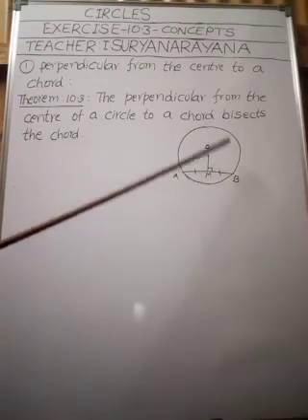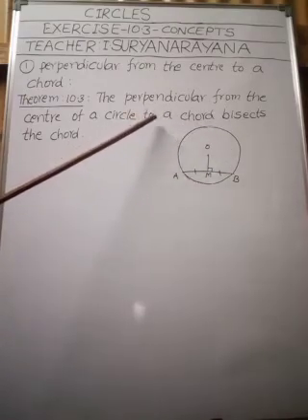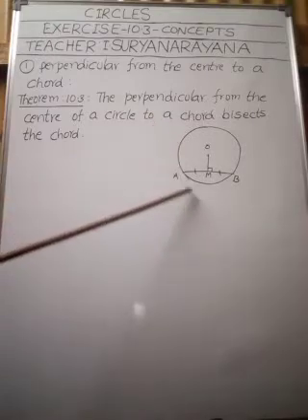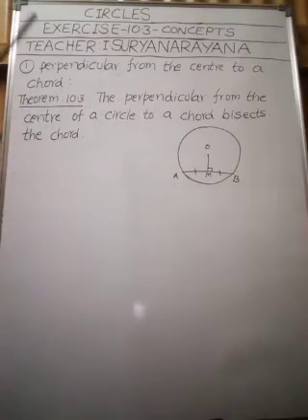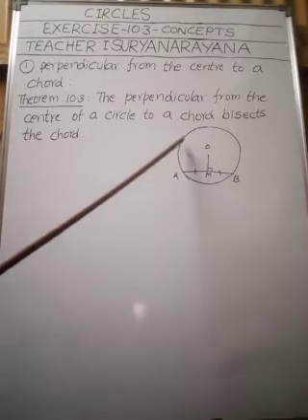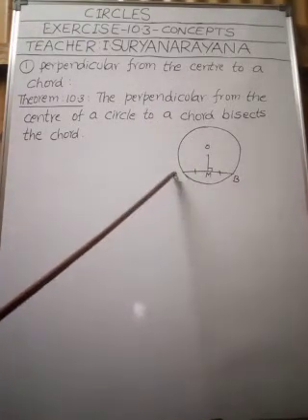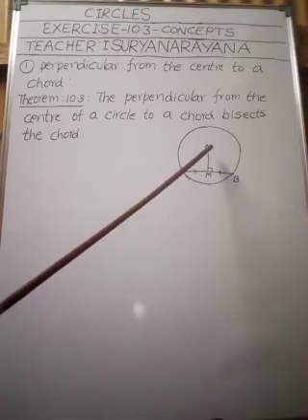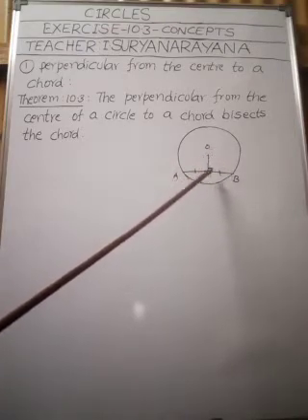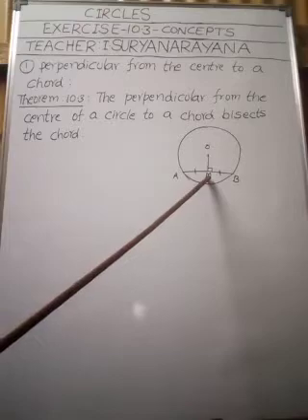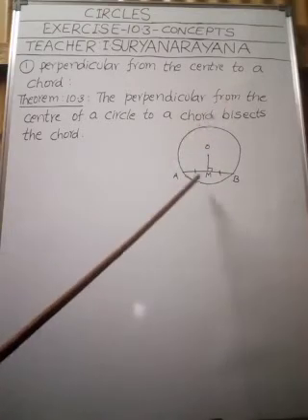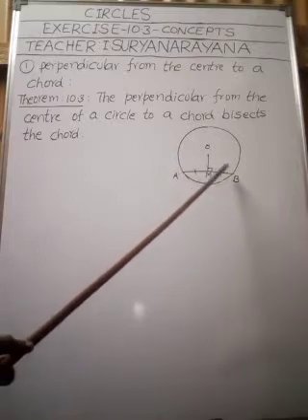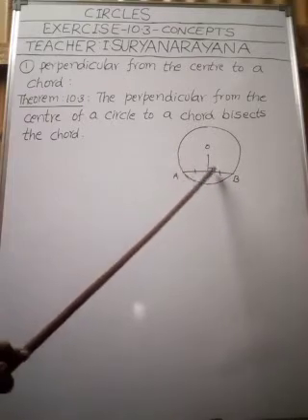See this figure, my children. To understand this point, let us visualize this concept. Let O be the center of the circle. AB is a chord. If you draw a perpendicular line OM, let us consider OM is perpendicular to chord AB. Then AM is equal to MB.